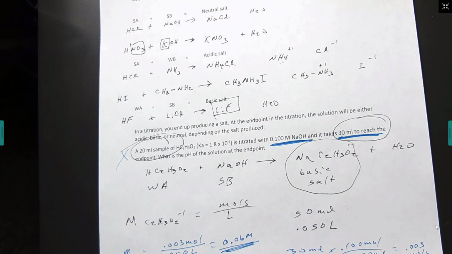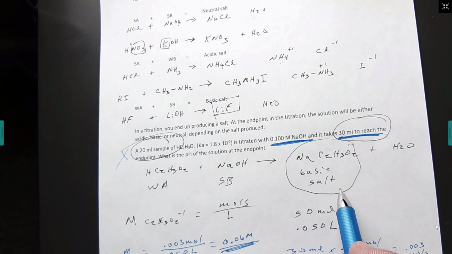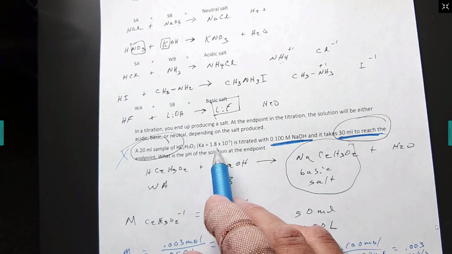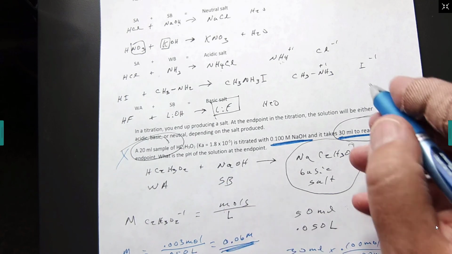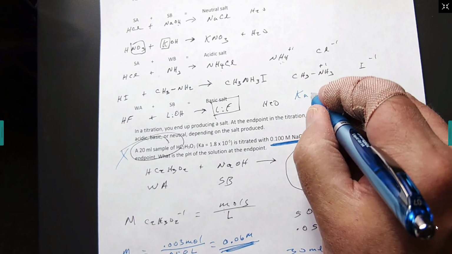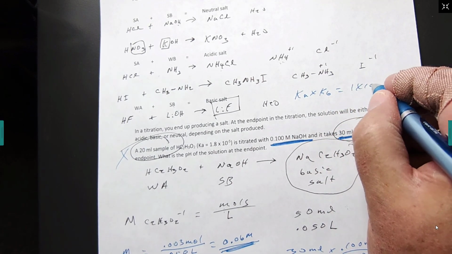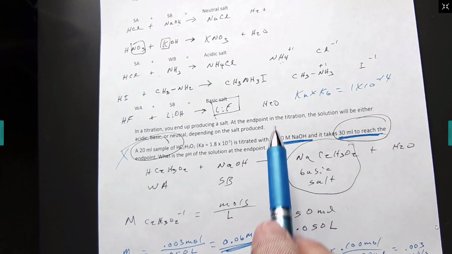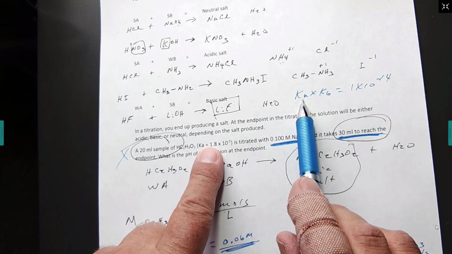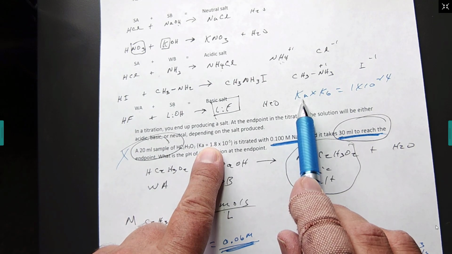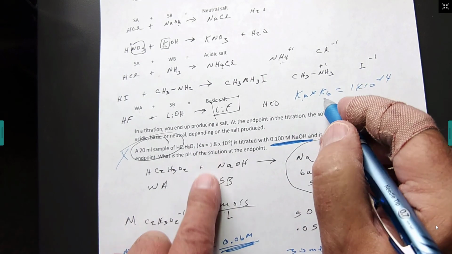That's the kind where sometimes you have to make the ice table and all that to solve it. And guess what? If it's a weak base solution, I don't need Ka. I need Kb. So you have to use the old Ka times Kb gives you 1 times 10 to the minus 14th. You know the value of Ka. You know this number, you can solve it for Kb.